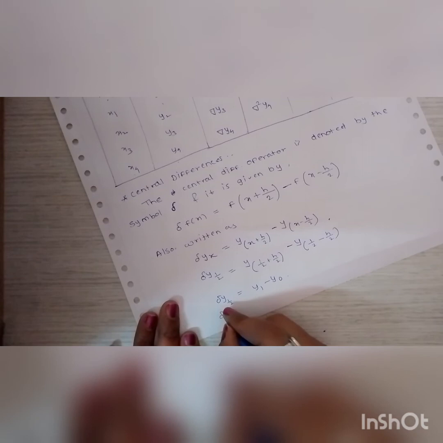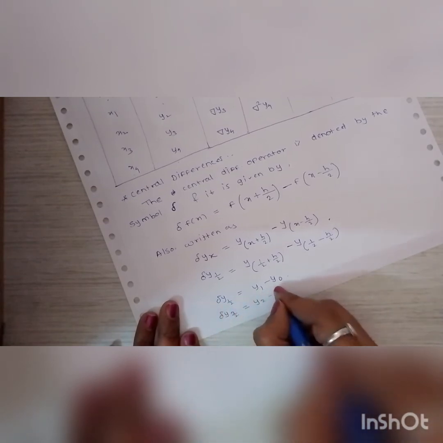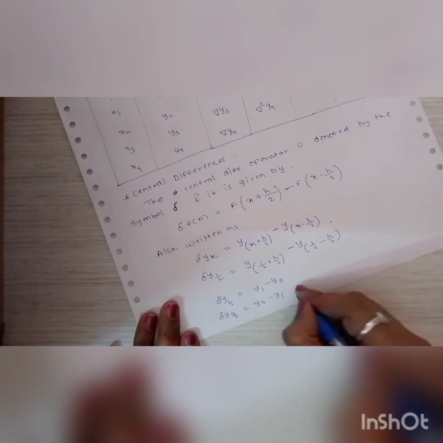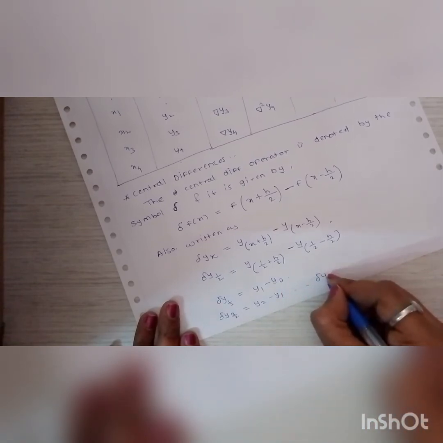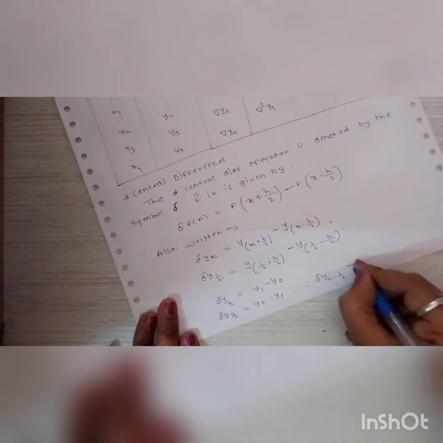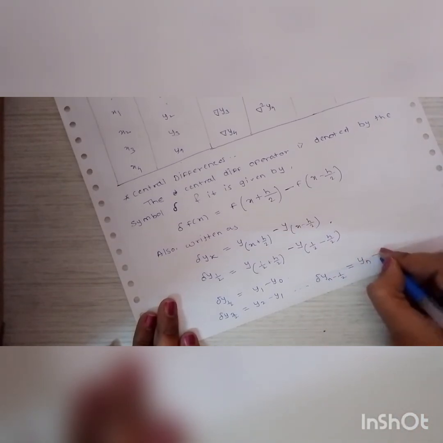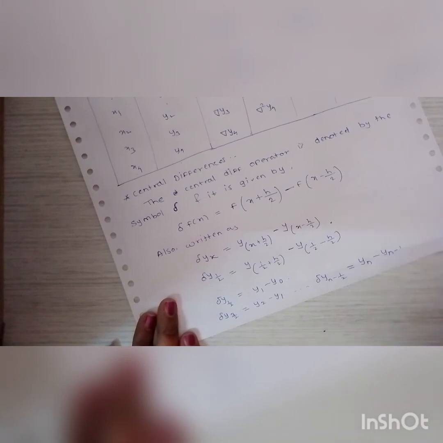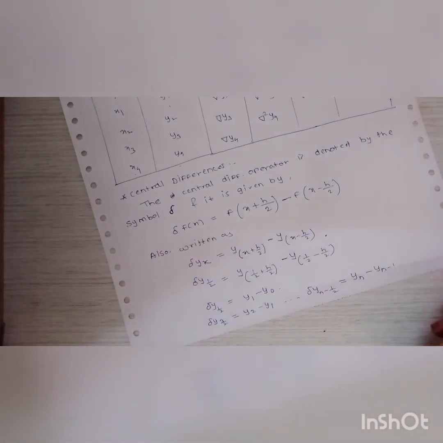Del y 3 by 2 is written as y2 minus y1, and so on. Del y n minus 1 by 2 is written as yn minus y n minus 1. This is central difference.